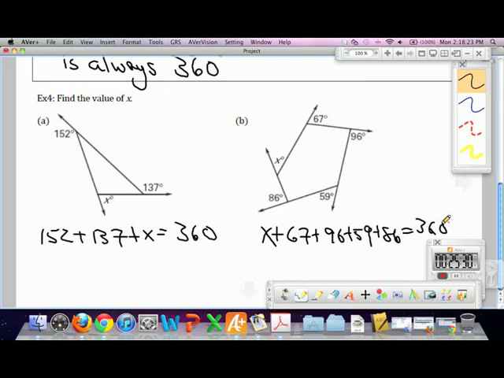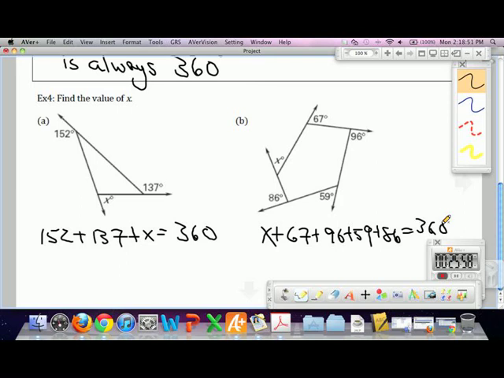So let's think about this. I want you to think about this a little bit more. Let's extend this idea. If the sum of the exterior angles is always 360 no matter what, what would you expect the size of any one exterior angle to do as you keep adding sides? What should happen to any one given exterior angle of a polygon if you add more sides?